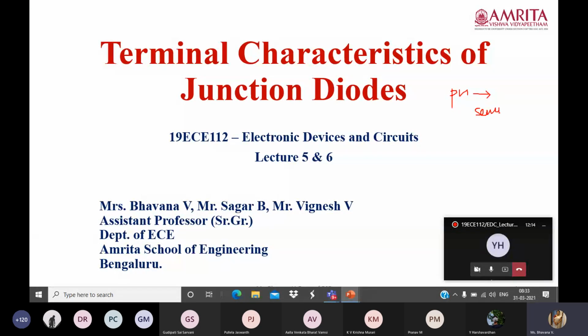We have studied semiconductors, and mainly we'll be discussing silicon. So take the heading: terminal characteristics of junction diodes.